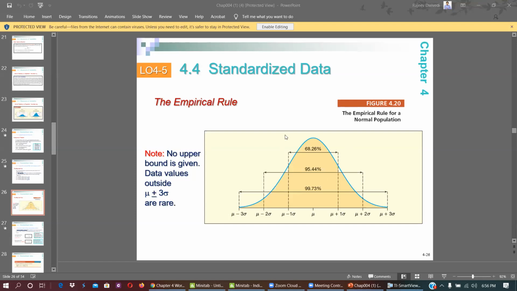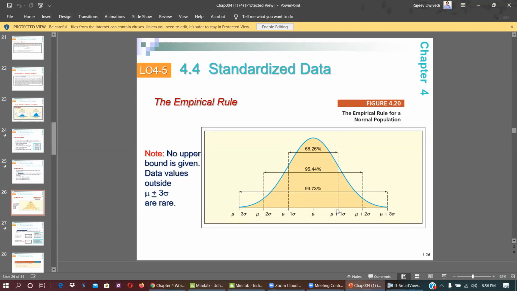So for any data, any values, look into this. Can you see? This is the mu. What is mu? Mu is the average of the population, or mean of the population. So this is the mean. This side of the mean is the positive side. This side of the mean is the negative side.